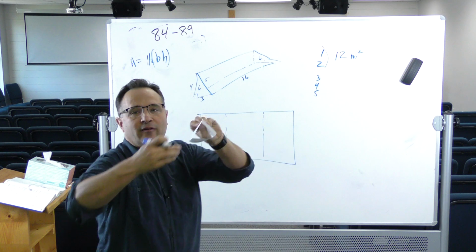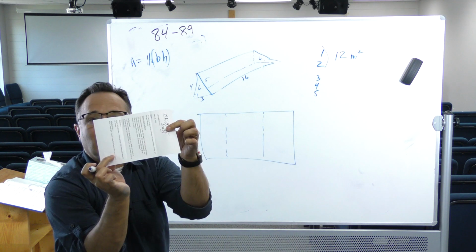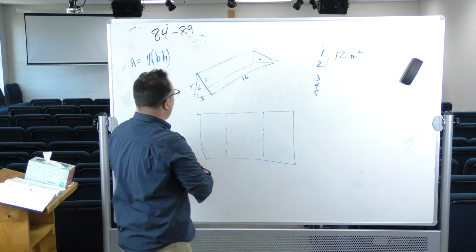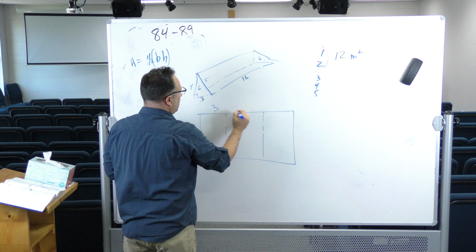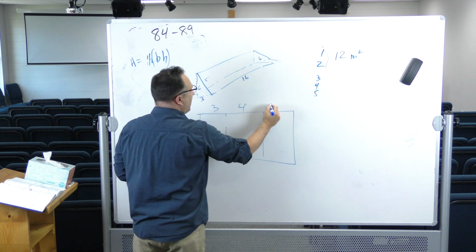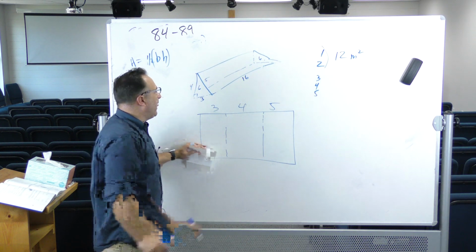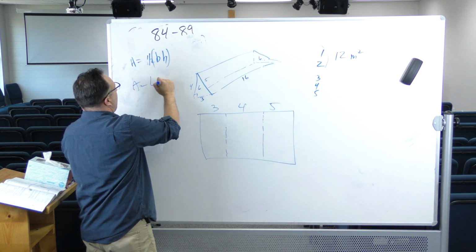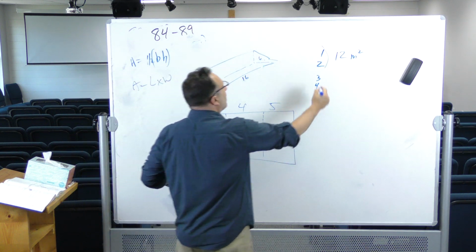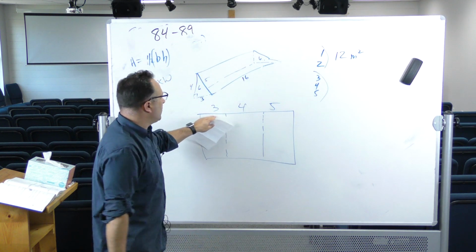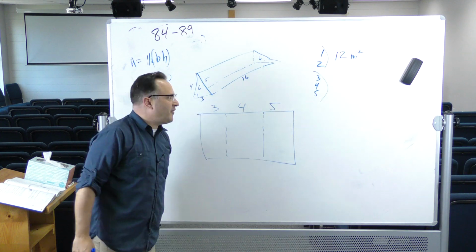And so if I open it up, I can make a rectangle out of it, right? So I have 3, 4, and 5. And this is actually a long rectangle. The area of a rectangle equals length times width. So I can lump 3, 4, and 5 together by doing this. 3 plus 4 is 7, plus 5 is 12.